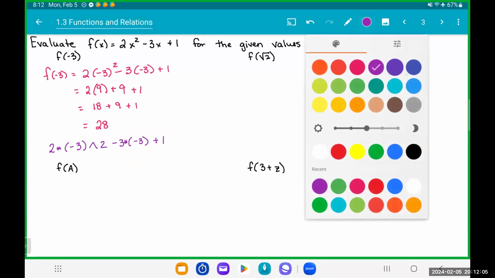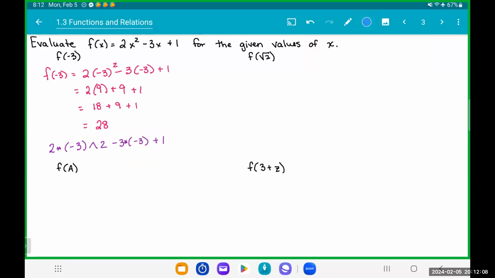All right, so let's use the f of square root of 2. So this is going to be f of the square root of 2, I said 3, but it's 2, is 2 times the square root of 2 squared minus 3 times the square root of 2 plus 1.